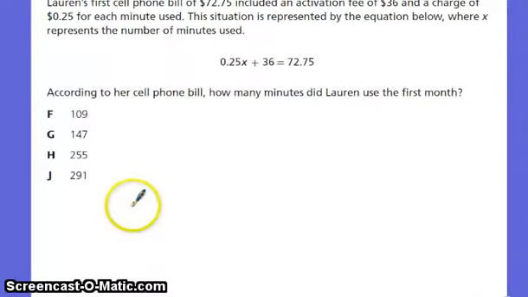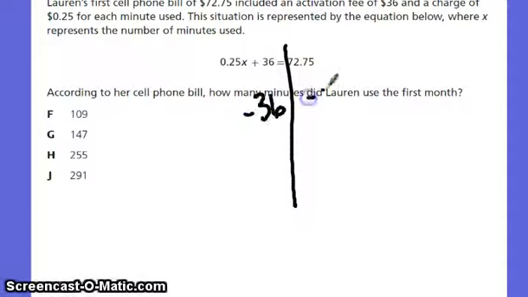Lauren's first cell phone bill of $72.75 included an activation fee of $36 and a charge of 25 cents for each minute used. The situation is represented by the equation below, where x represents the number of minutes used. They've given you the equation. According to her cell phone bill, how many minutes did Lauren use the first month? Subtract 36 from both sides.